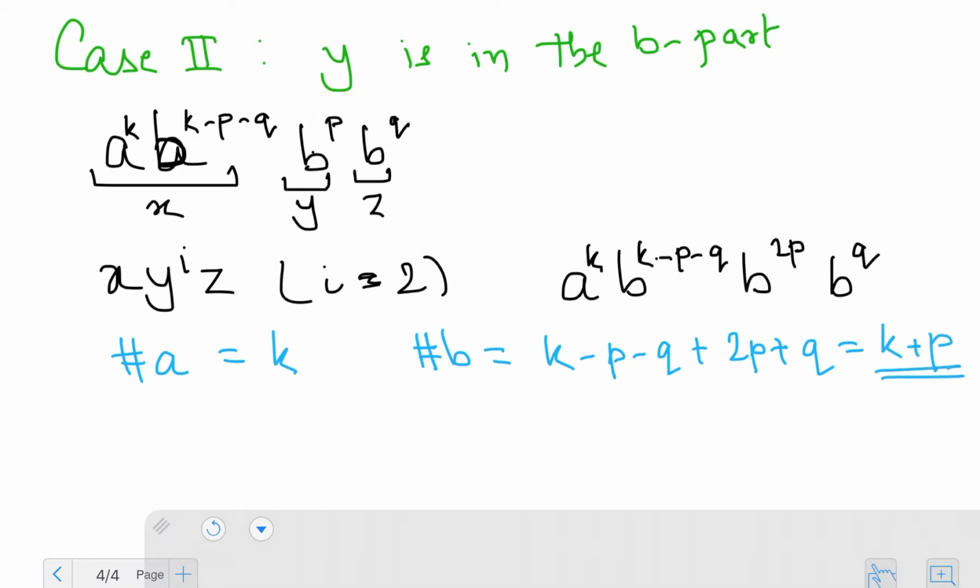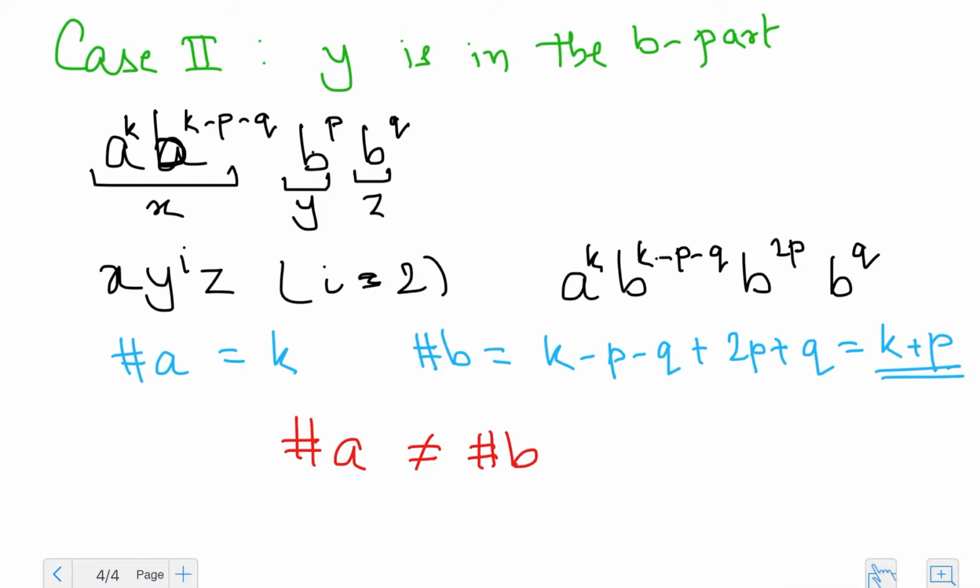So this is my number of b right here, and assuming p to be greater than 0, because it cannot be 0 if the length of y needs to be greater than 0, then the number of a's and the number of b's don't match, and as a result I can say that this again does not belong to my language. So number of a's not equal to number of b's.